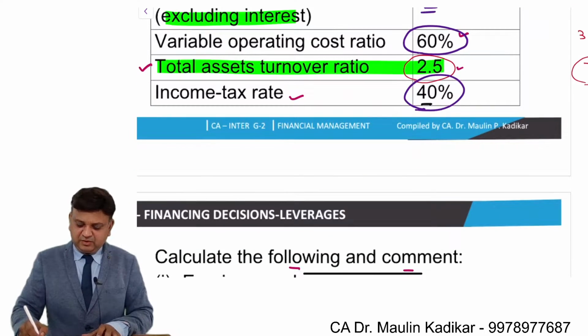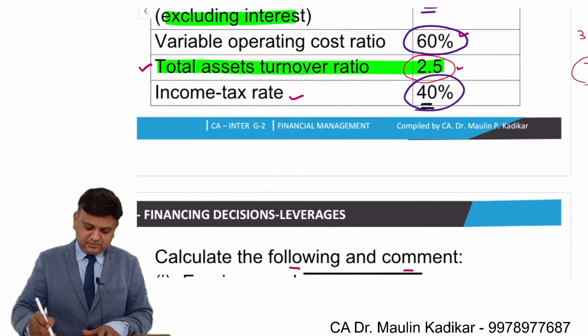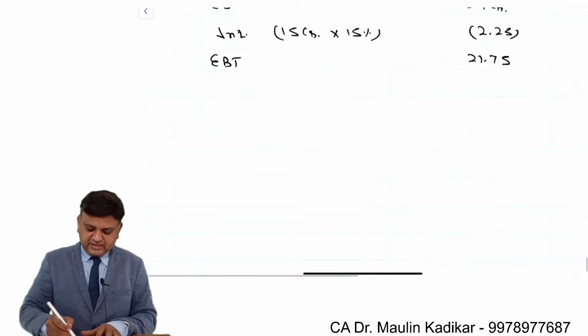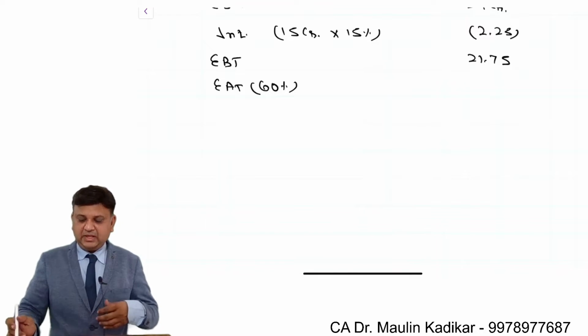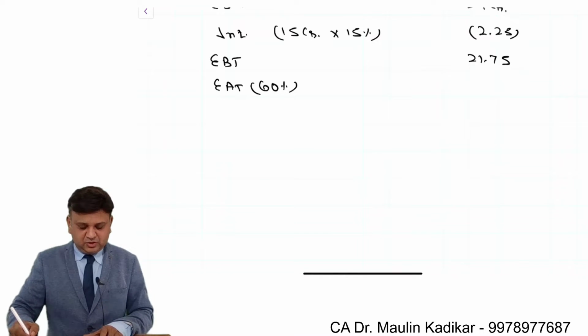Income tax rate is given to us as 40%. So earning after taxes is 60%, that is 13.05 crore.